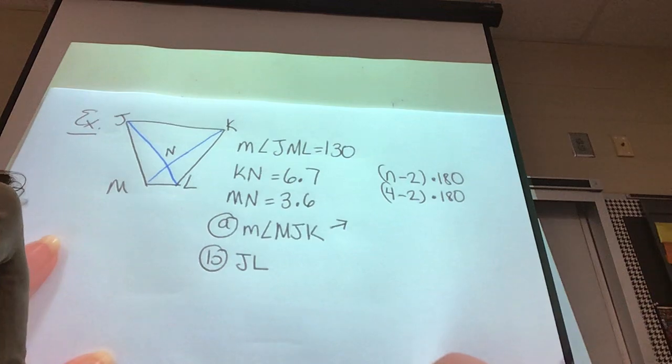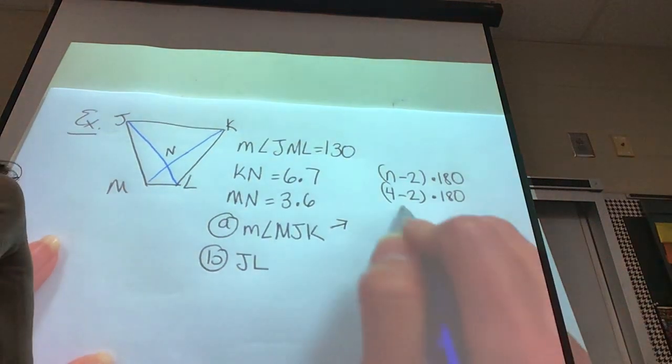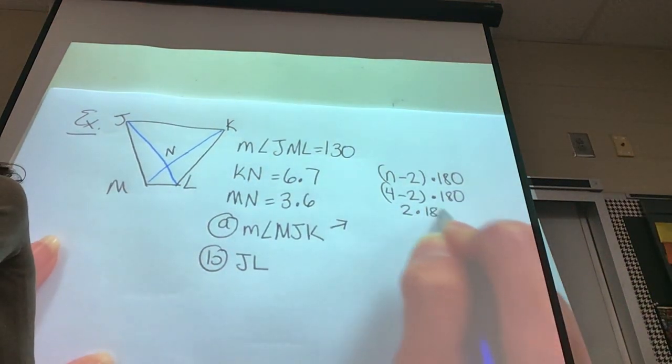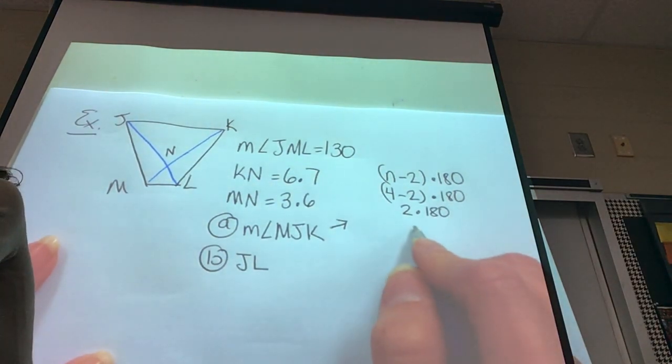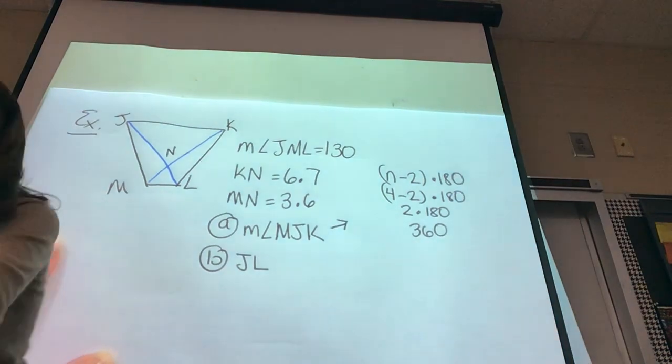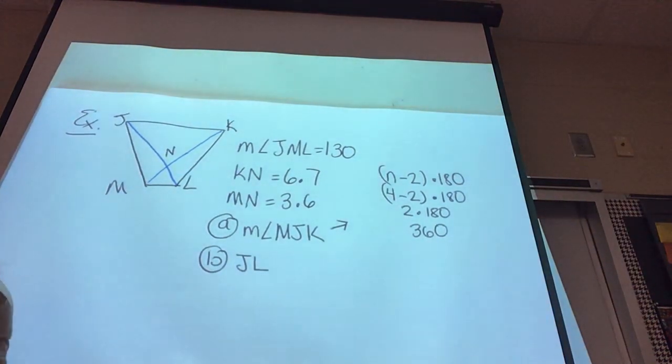Okay, so 4 minus 2 is going to leave me with 2. So 2 times 180 is going to leave me with 360. So I know everything inside has to equal 360. Now, what do I already know? I know one of the angles is 130.